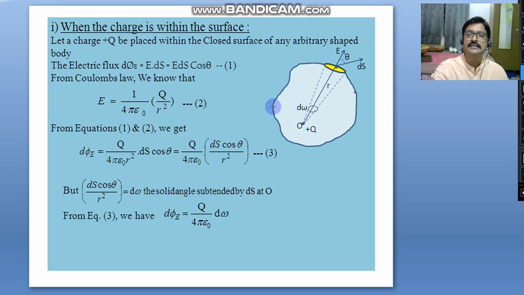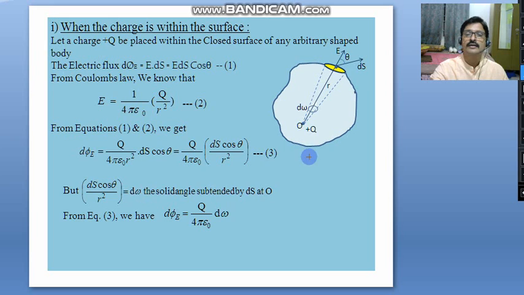Let us consider an arbitrary shaped surface in which we have a plus q charge at point O. To calculate Gauss's law for this surface, we take a very infinitesimal surface and calculate how much electric flux is going out from it, and then we integrate for the entire surface. Then we will get the total normal electric flux through the entire surface.